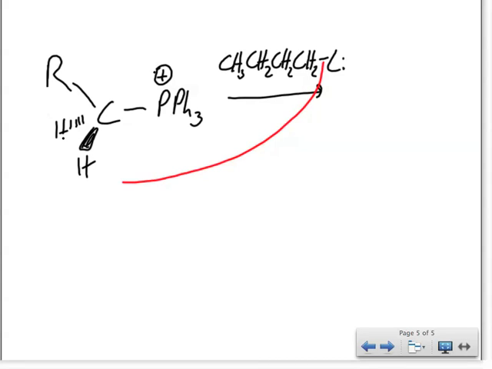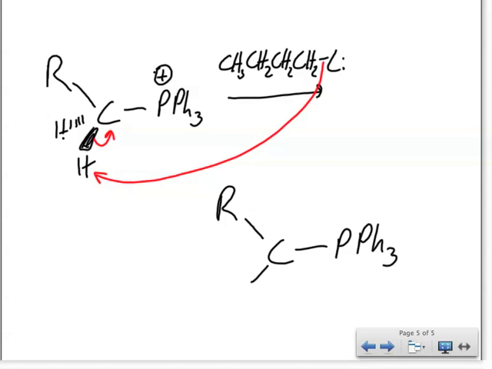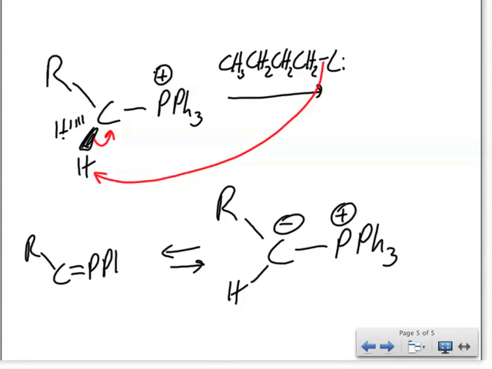Strong base is going to pull the proton off of the carbon. That's going to then result in our phosphorus ylide. And of course that can be shown as the double bond species that we saw in the previous slide.